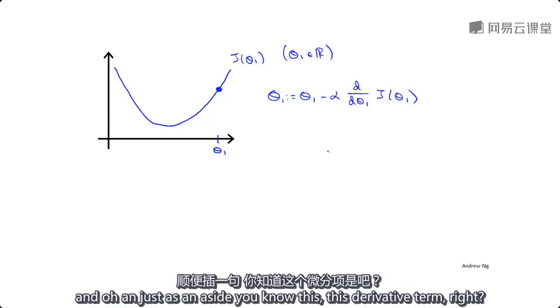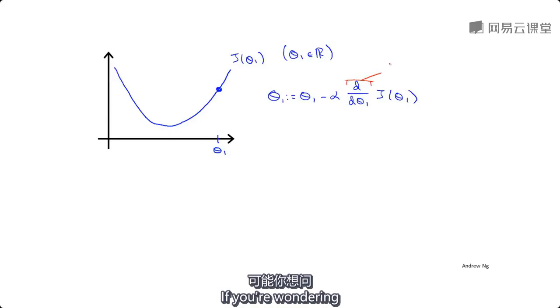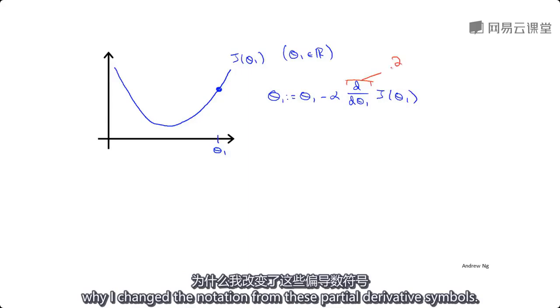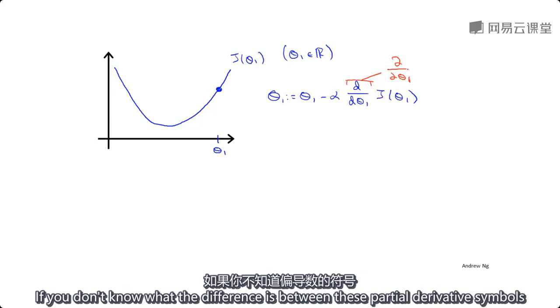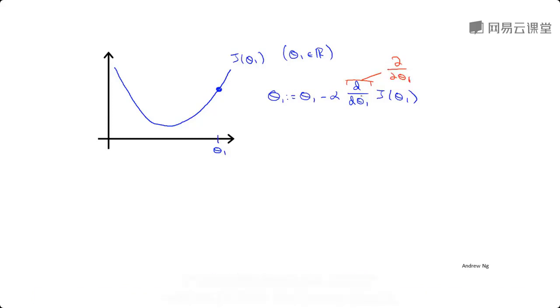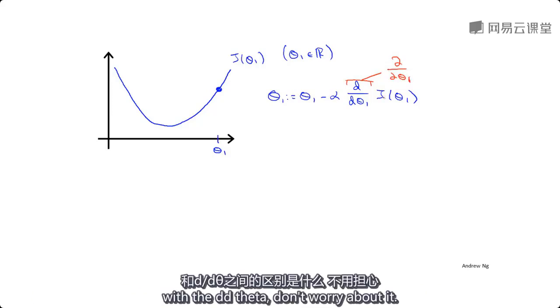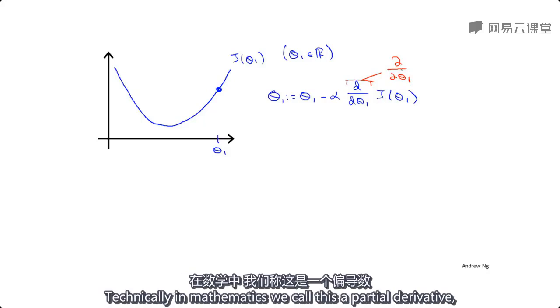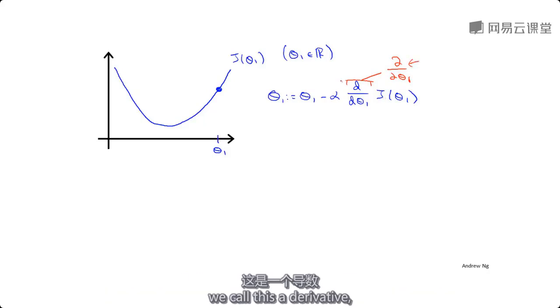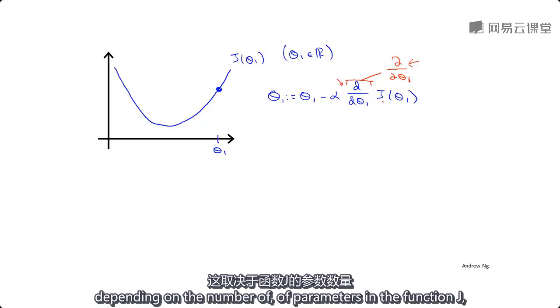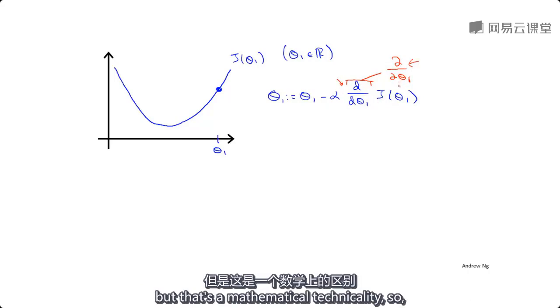As an aside, if you're wondering why I changed the notation from these partial derivative symbols, and you don't know the difference between these partial derivative symbols and the d/d theta, don't worry about it. Technically, in mathematics, we call this a partial derivative and this a derivative, depending on the number of parameters in the function J. But that's a mathematical technicality.